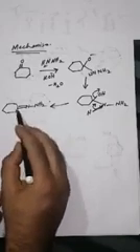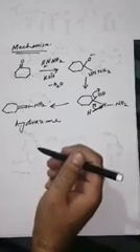What is the name of this compound? This carbon double bond nitrogen, which is further attached to an amino group. This class of compound is known as hydrazone. So when hydrazine reacts with ketone, you get the hydrazone in the first step. Now what happens next?